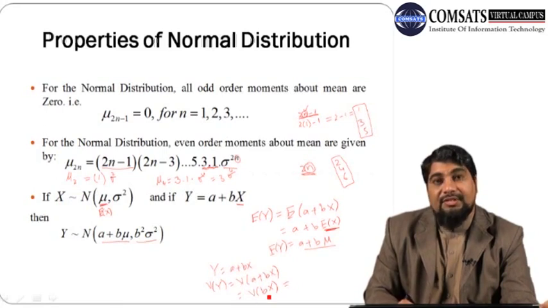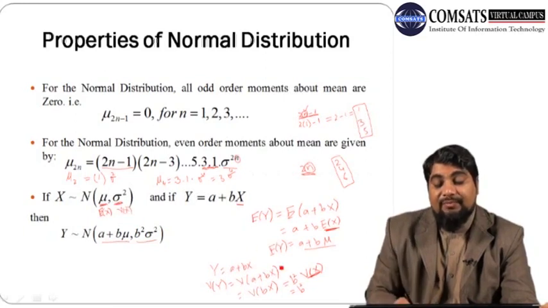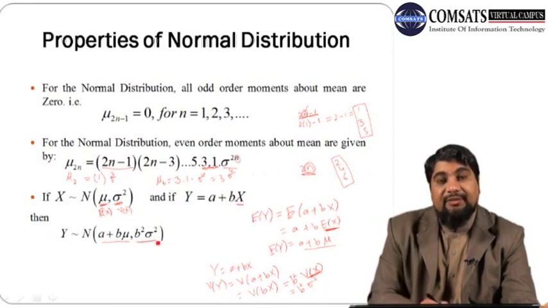So the variance of some constant times a random variable is the square of the constant times the variance of x. Writing b square as it is, the variance of x is sigma square. So the variance of random variable y is b square sigma square, which is written here.